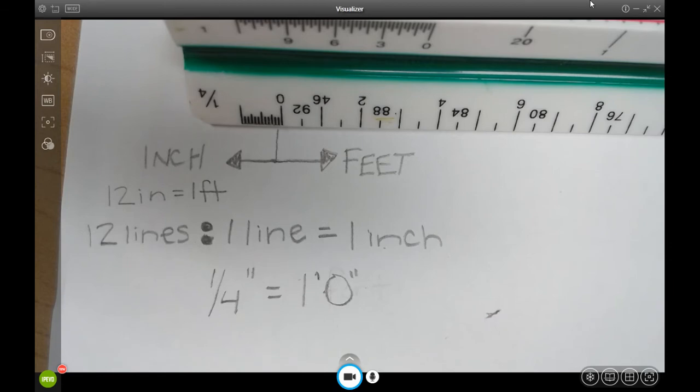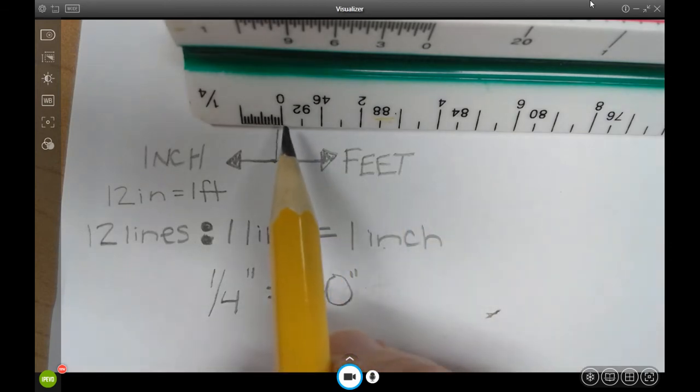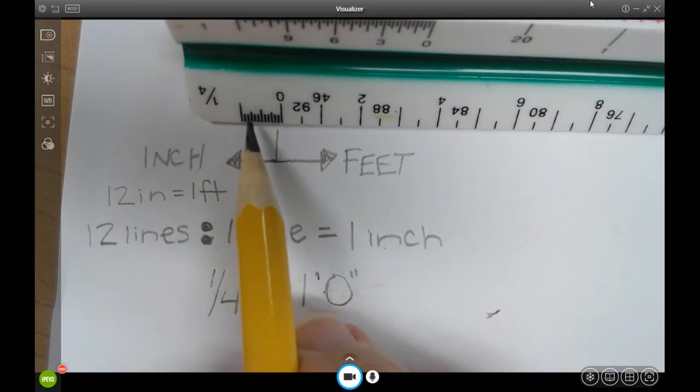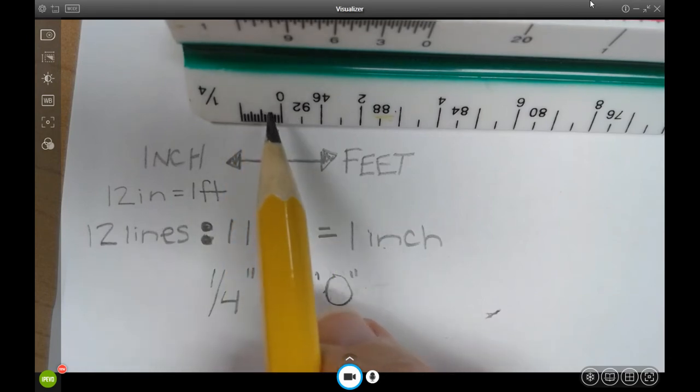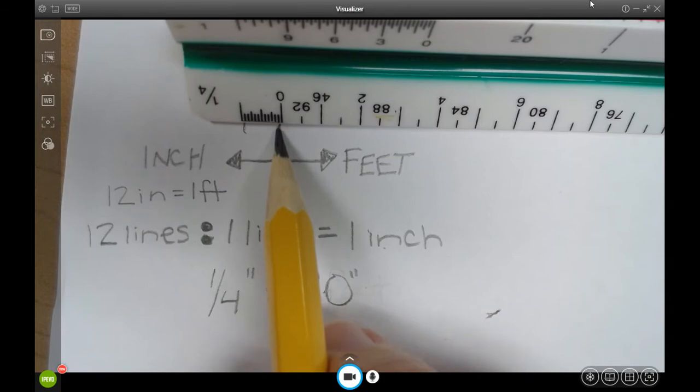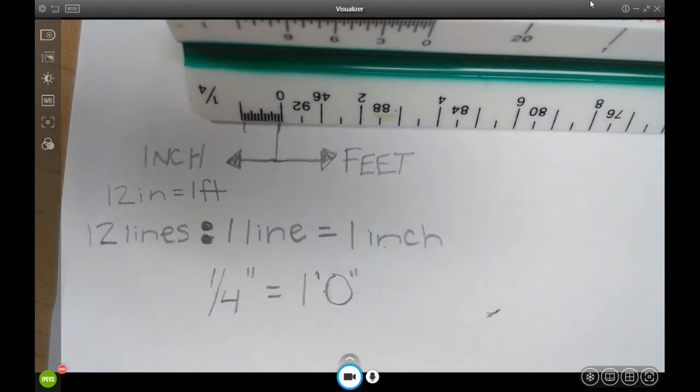And then we have our feet. Okay, so now we've identified that this right here, these little lines section is 1 foot. So we have to take a look at the spacing within our inch section. All right, so that's our spacing of our inches, which equals 1 foot.